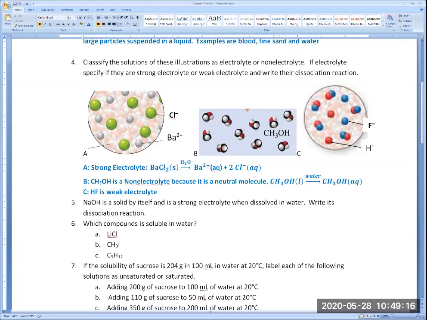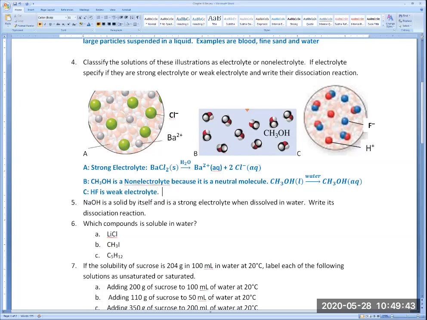You have here 4 ions for a total of 5 plus 4, 9 particles. So about half of it are ions, and half of them are neutral molecules of HF. So it conducts electricity, but weakly.